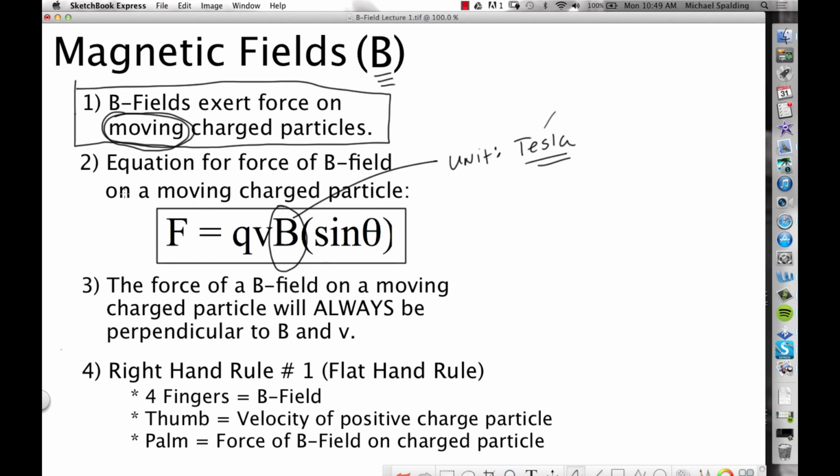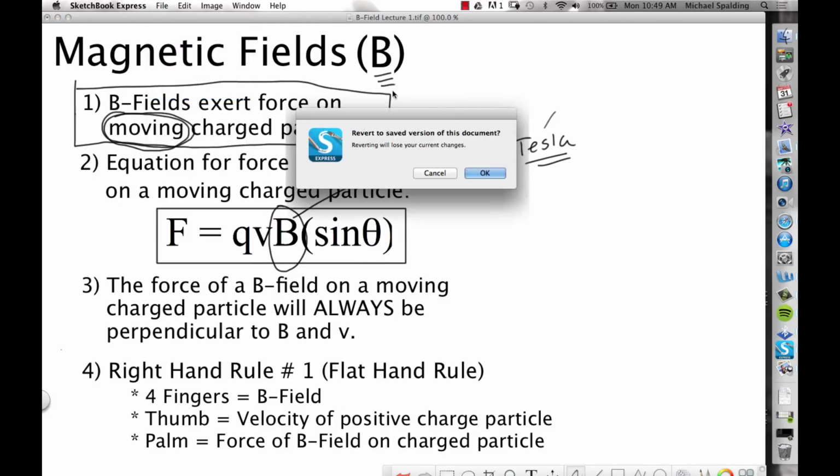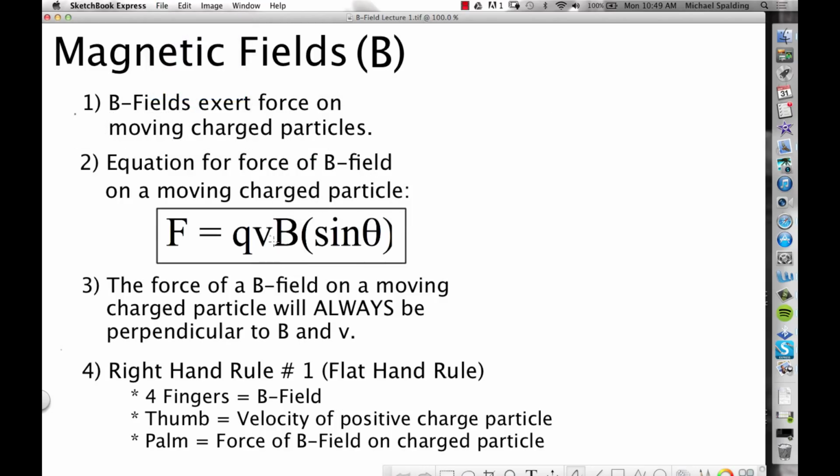All right? The equation for calculating the force of a magnetic field on a moving charged particle is this. This would be the force of the magnetic field, F_B. The force of a magnetic field is equal to QVB sine theta.